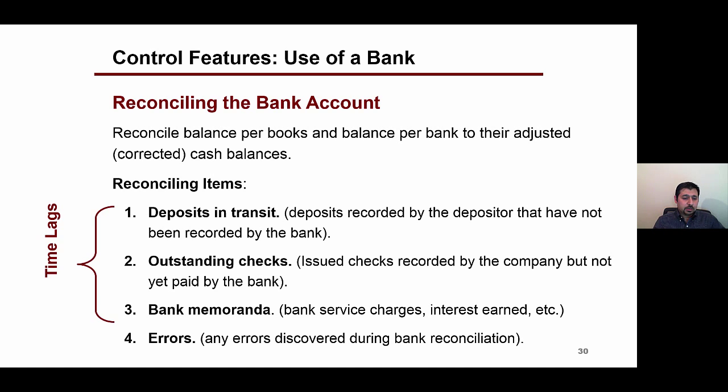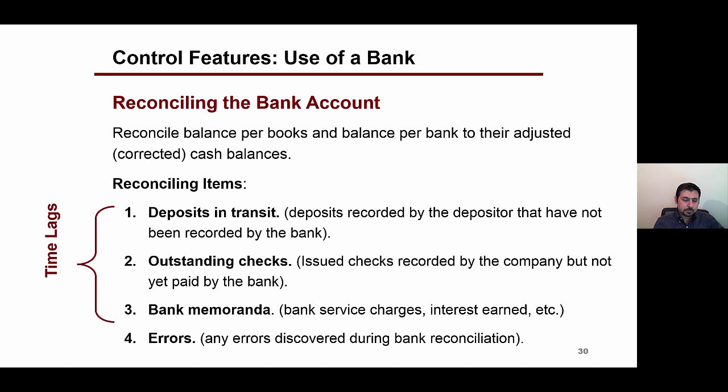Now, if we think about it, the reason why the balances might not be the same is that there are certain transactions where the time of recording and recognizing them by the company is not the same as the time of recording and recognizing them by the bank.